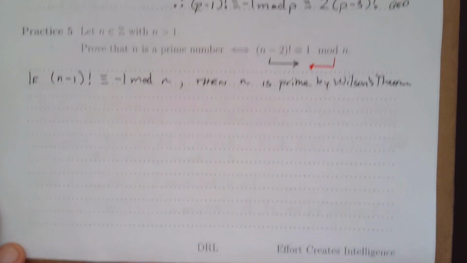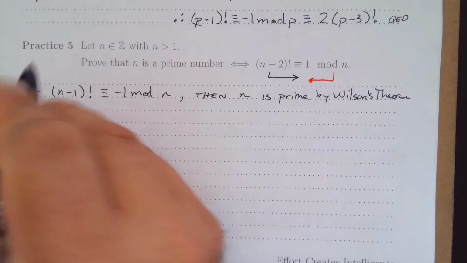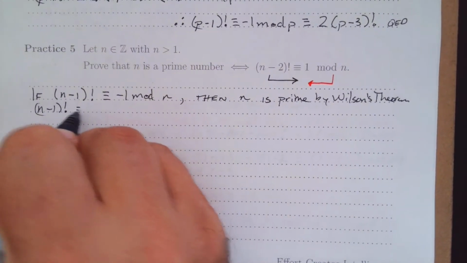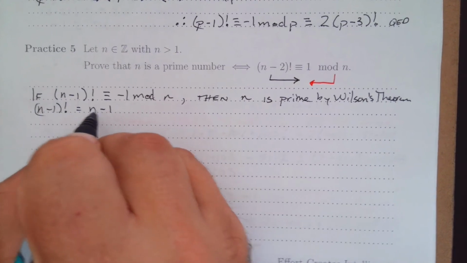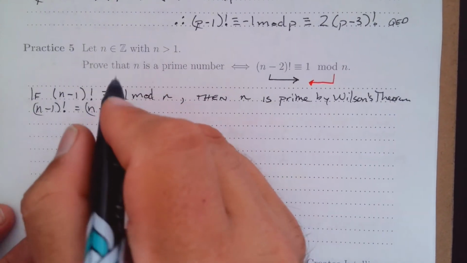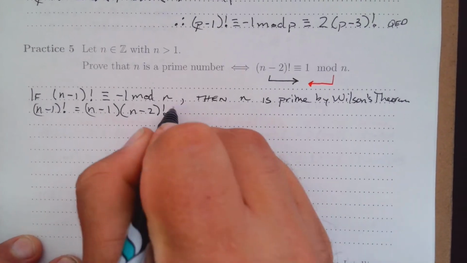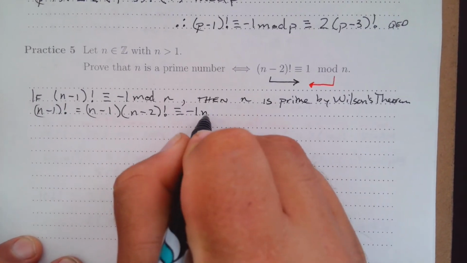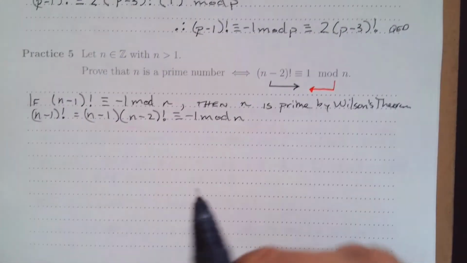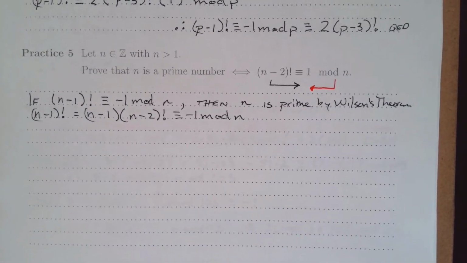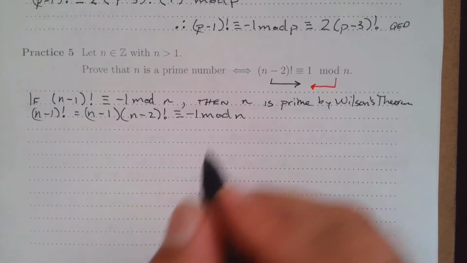Okay, so what do we know? (n minus 1)! is equal to n minus 1 times (n minus 2)!, which is equivalent to negative 1 mod n. Okay, now what do we know?